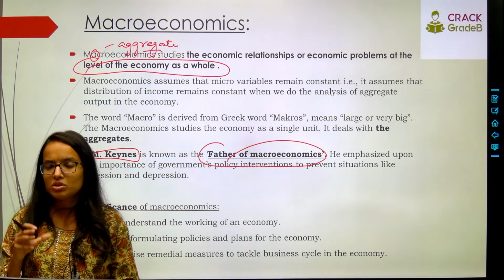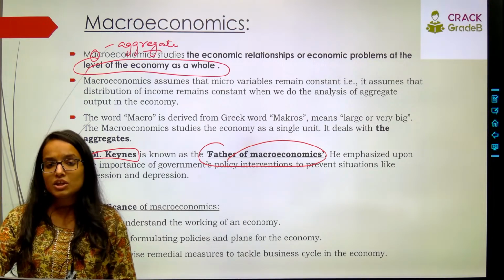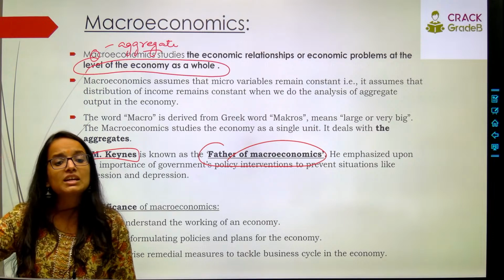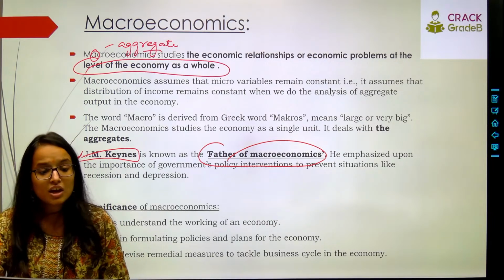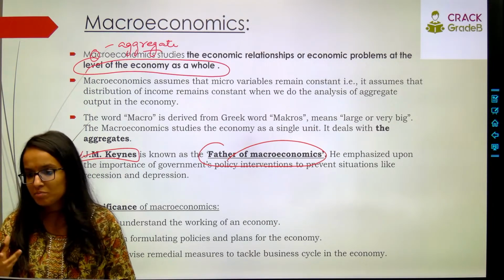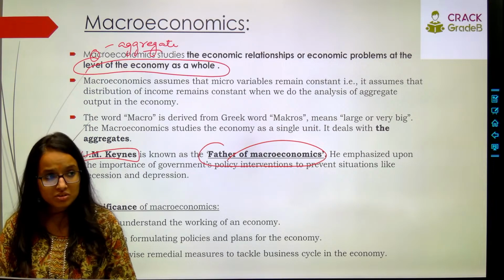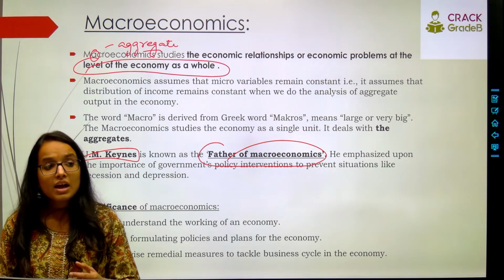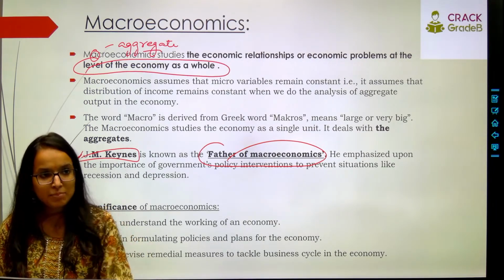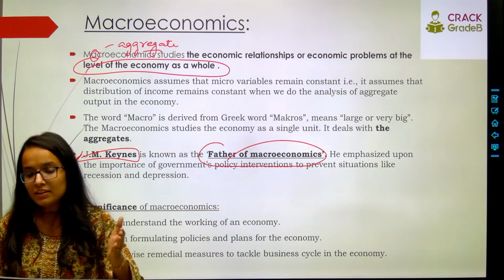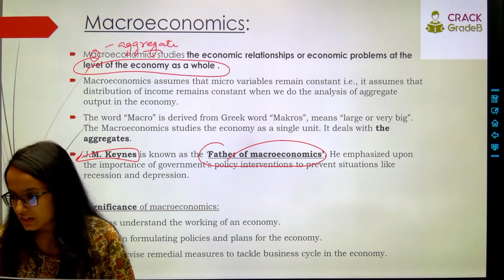Especially, you know, this theory was given by him after the US has faced a long decade of recession and depression of 1929 and 30s. If you remember, okay, there was a huge depression in United States, and the market was not able to revive out of it. So then it called for the intervention by the government.